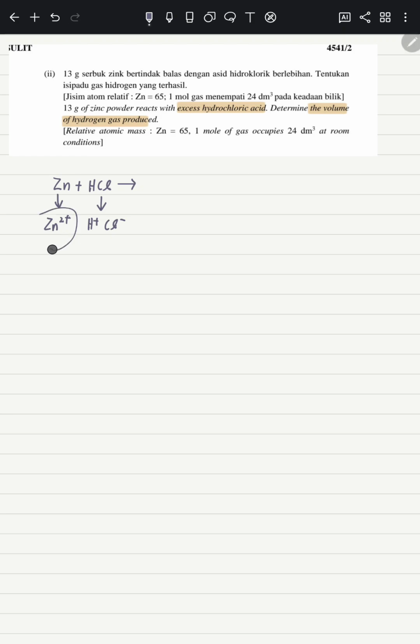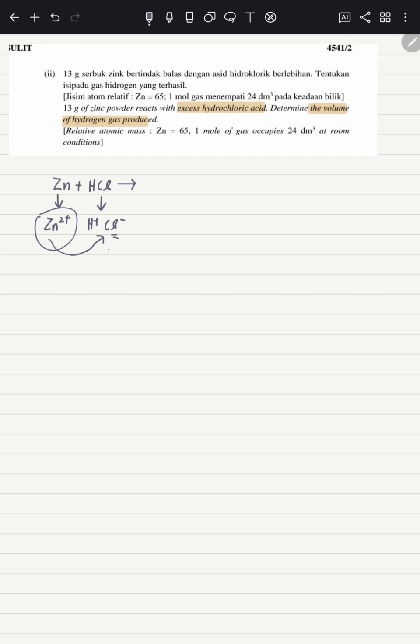So this Zn2 plus will go and combine with Cl minus. Why? Because that's a rule. For the product formation, your acid will always contribute the anion. This anion must combine with someone. When it is an anion, for sure it's going to combine with a cation. In our current case, the only cation that we have is Zn2 plus.